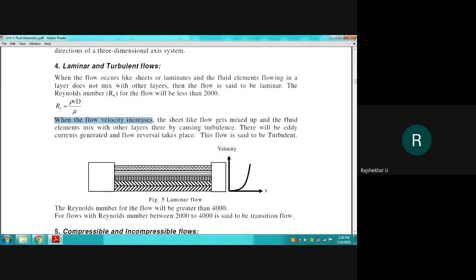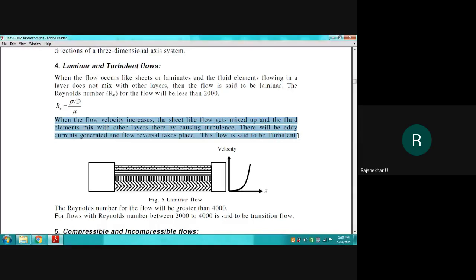When the flow velocity increases, the sheet flow gets mixed up with fluid elements of other layers, thereby causing turbulence. Okay, there will be eddy currents generated, and flow reversal takes place. This flow is said to be turbulent.